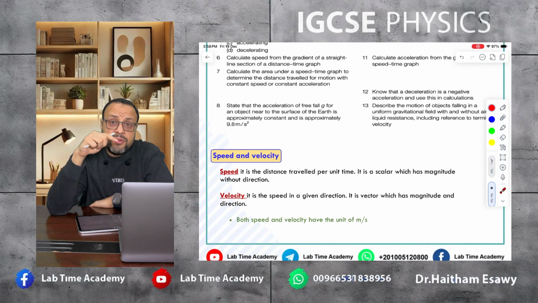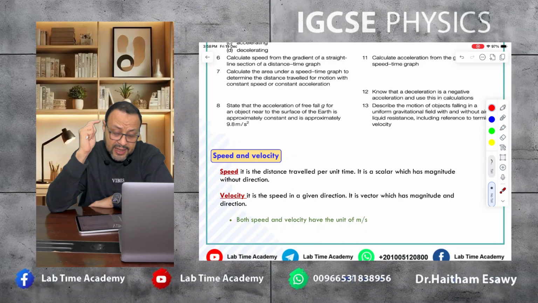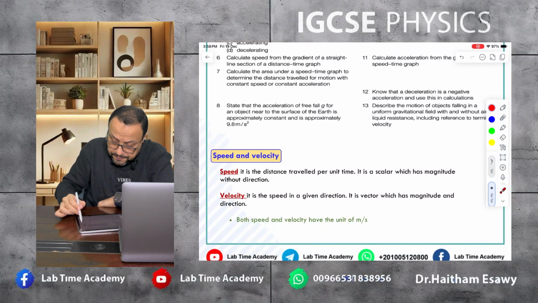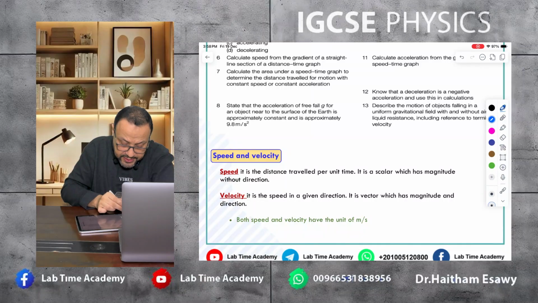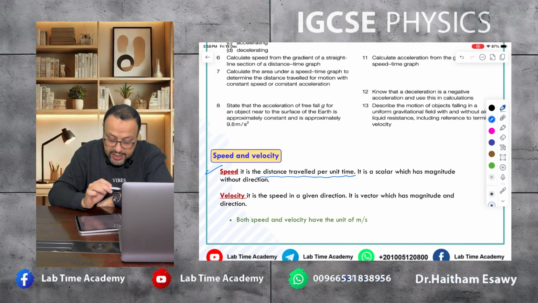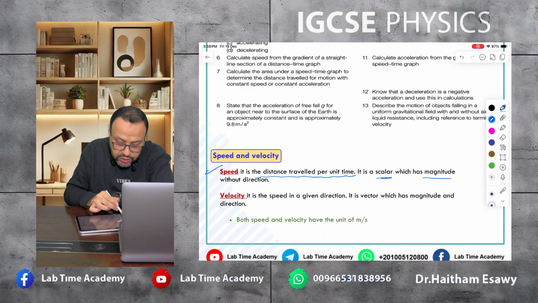The second thing is the definition of each one of them. Take care about the definition. The only definition that will be accepted from Cambridge for speed is the distance traveled per unit time. And this is the new definition for speed. So as you see, the speed is the distance traveled per unit time, and as I said, it's a scalar quantity that has only magnitude without direction.